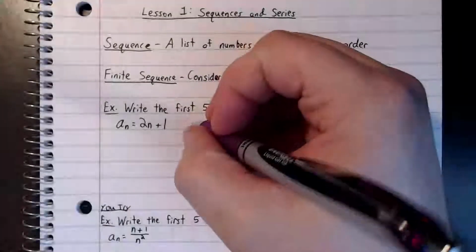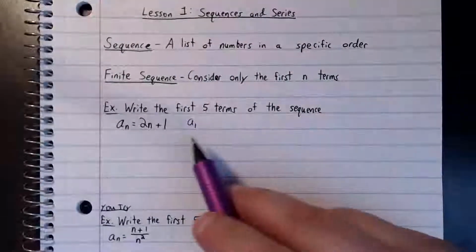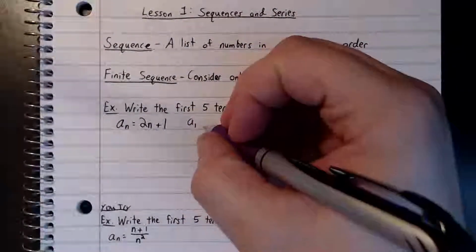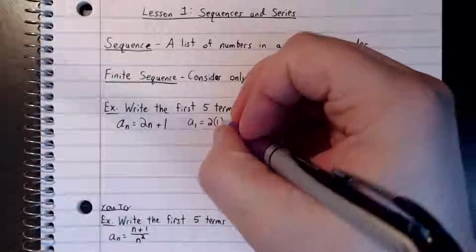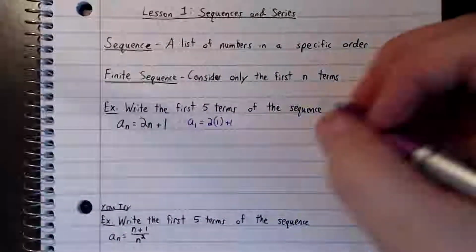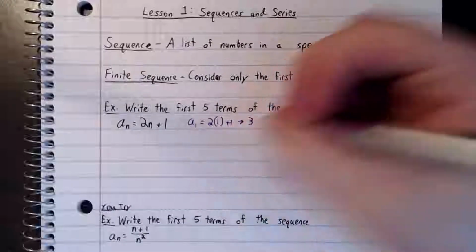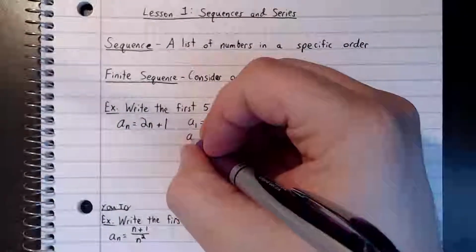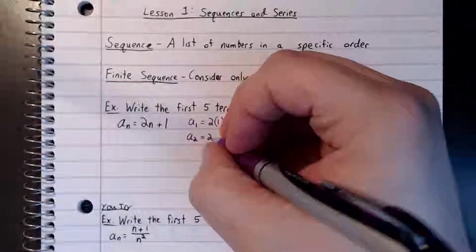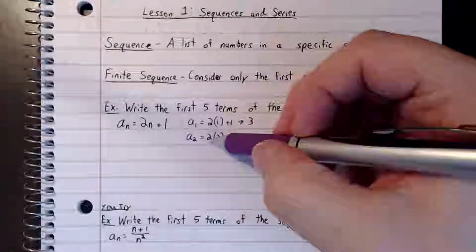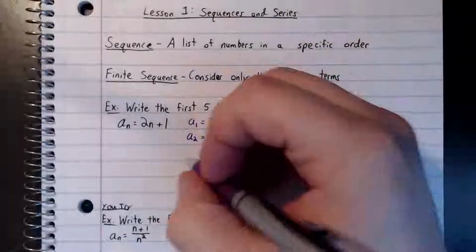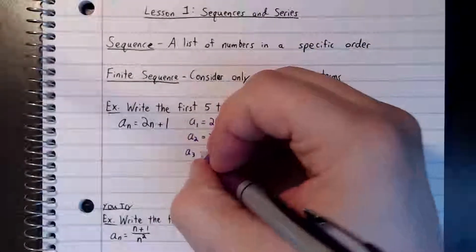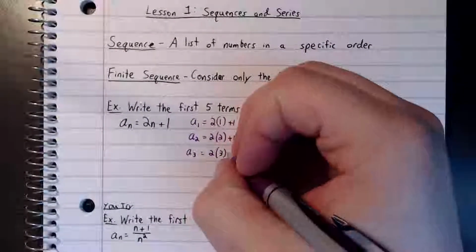If I'm talking about the first term, the first entry, we would be doing 2 times 1 plus 1, which is 3. If we do the second term, we're doing 2 times 2 plus 1, which is 5. And we're just going to do this for all 5 terms.